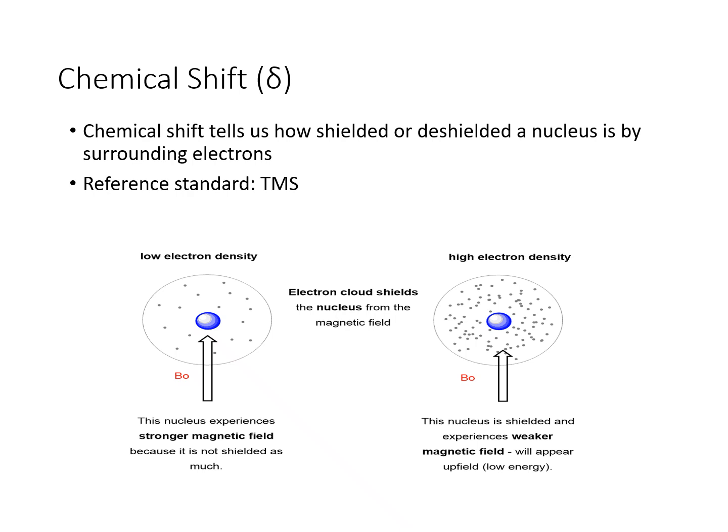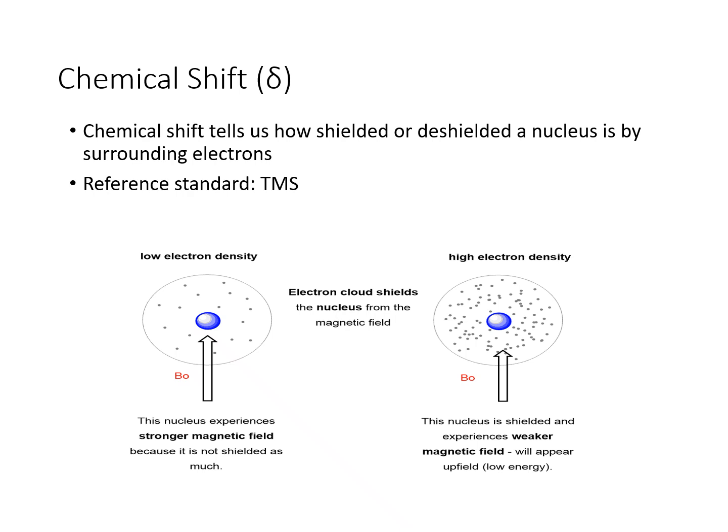Now we will discuss how the chemical shift is produced and what it tells us: how shielded or de-shielded a nucleus is by surrounding electrons. More electron density means more shielding and an upfield shift.